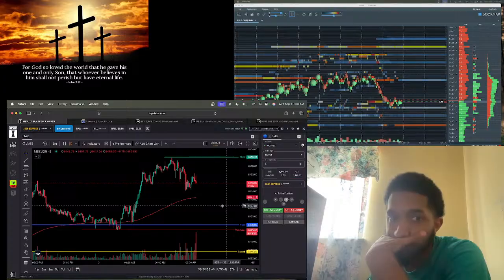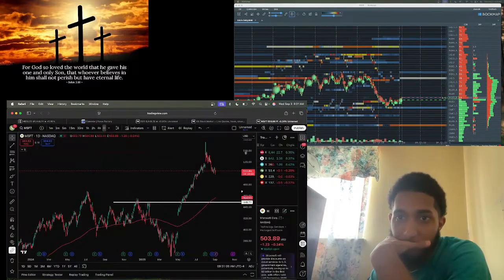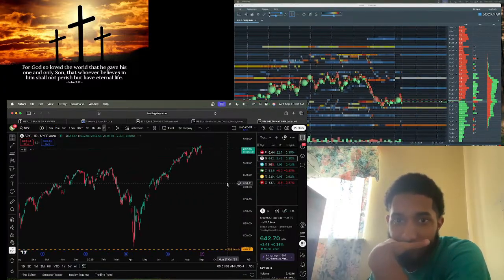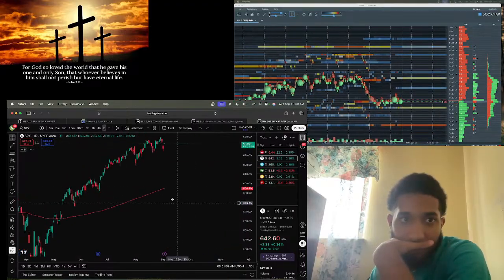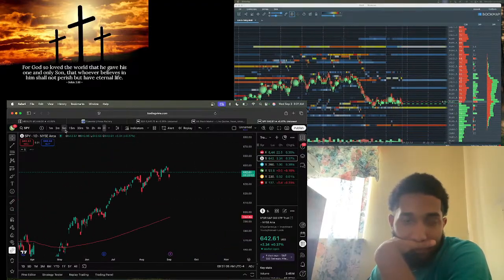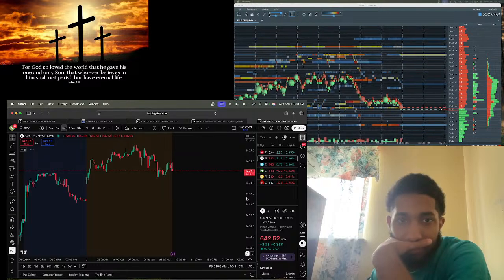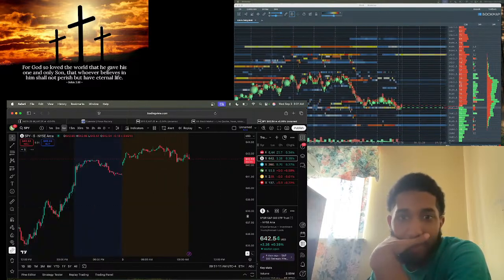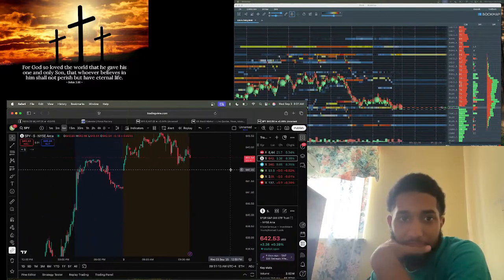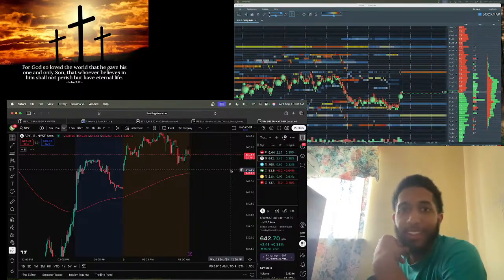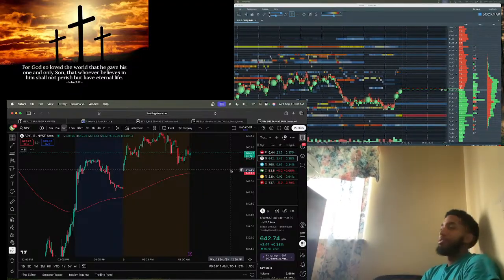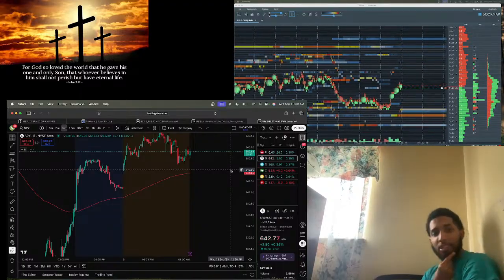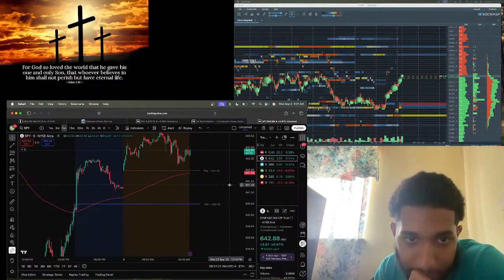You got any gaps on the SPY? SPX? Yeah. We do got a gap on the SPY to the downside. I said we probably go down, fill the gap, and reverse up.